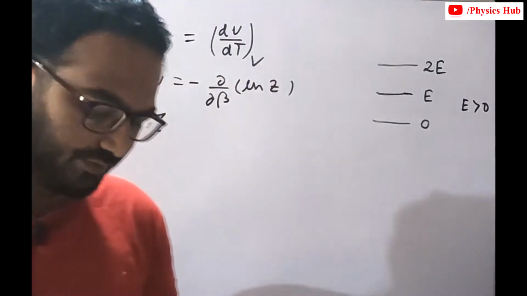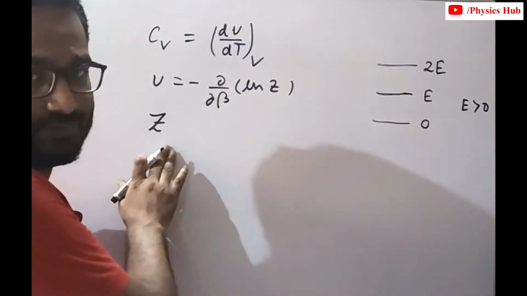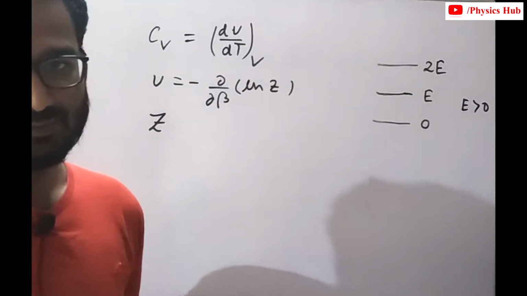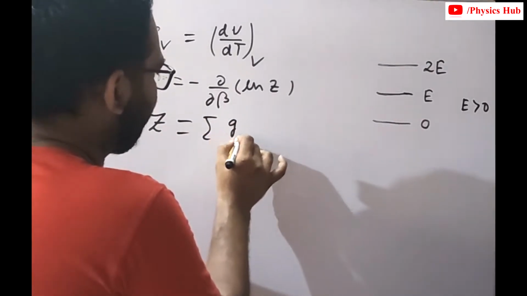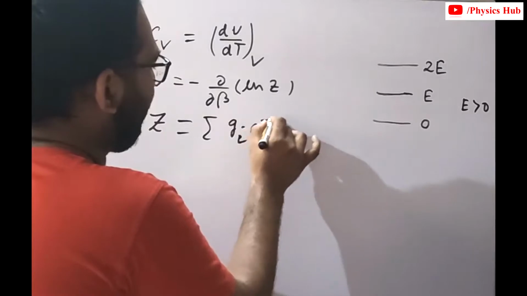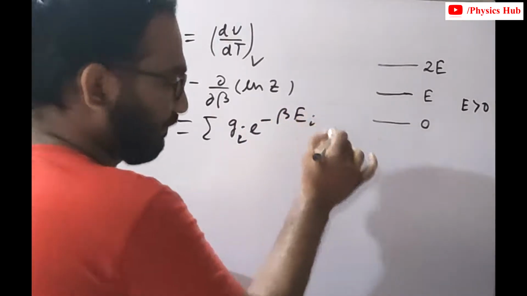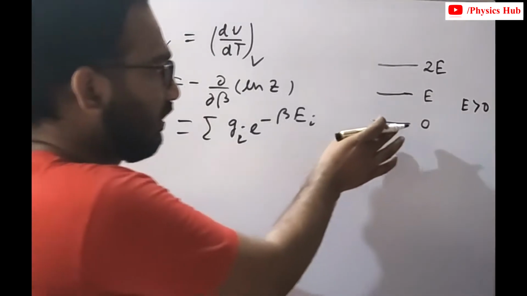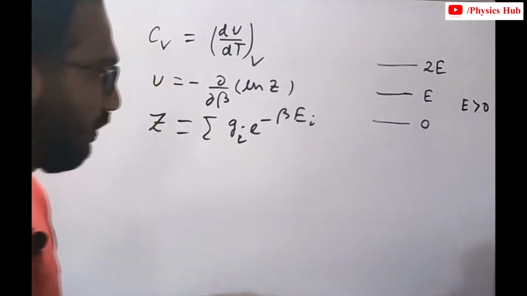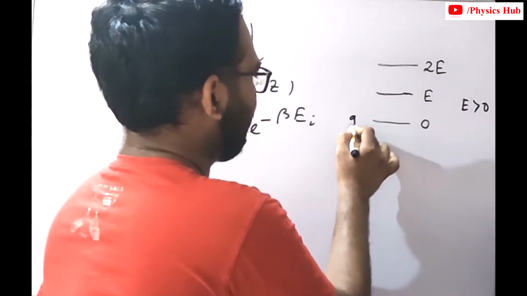First of all, we need to find the partition function of the system. The partition function is given by Z equals the sum of Gi e to the power minus beta Ei. As can be seen, the states are all non-degenerate, meaning in all of these states G is 1.